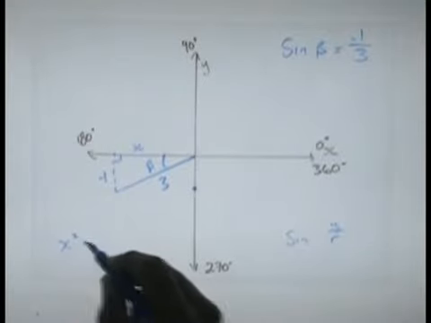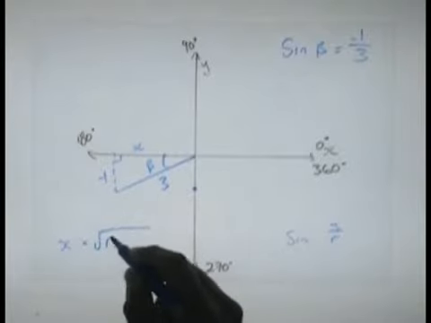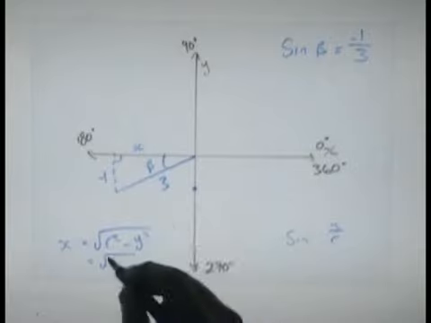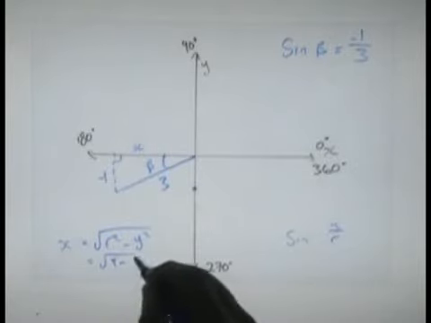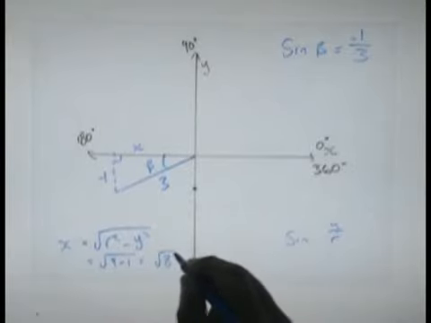So x squared would equal r squared minus y squared. That means that x is equal to the square root of 3 squared, which is 9, minus 1 squared, which is 1. 9 minus 1 is equal to root 8.